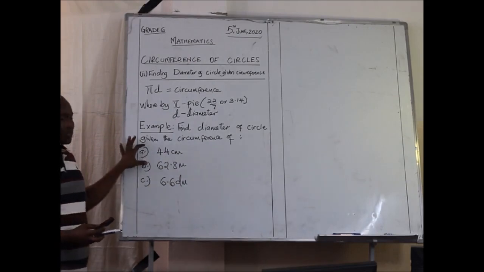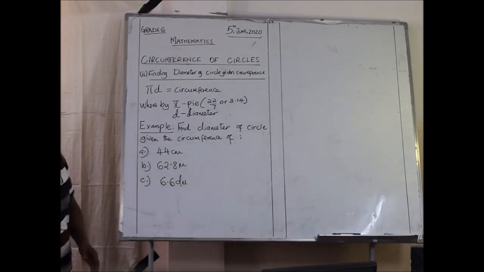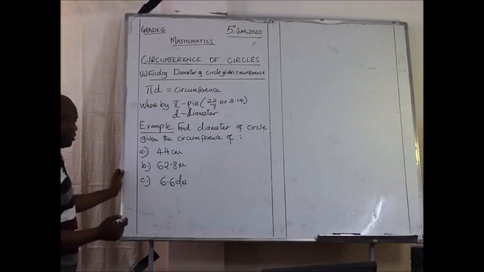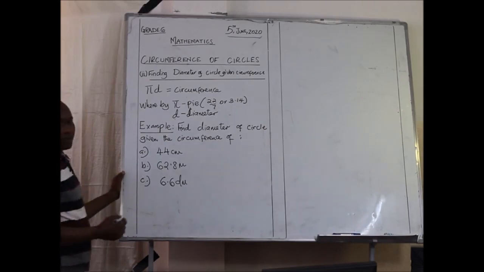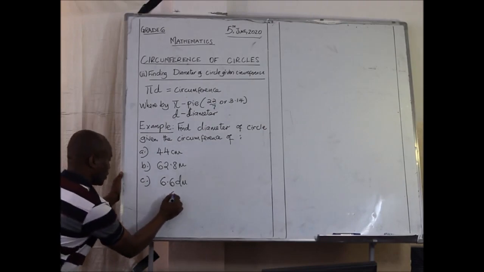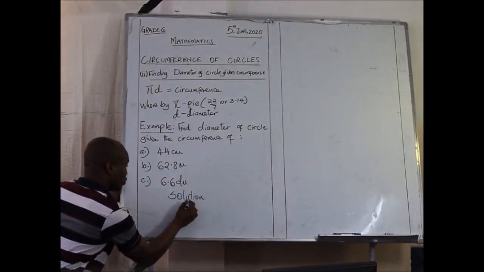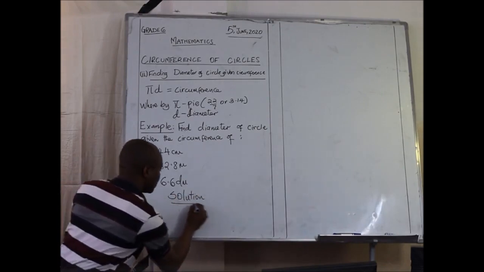All these questions, we are going to do them together. From there, we shall proceed to the next step. So pay attention. We are going to write the solution on how to deal with these 3 questions.